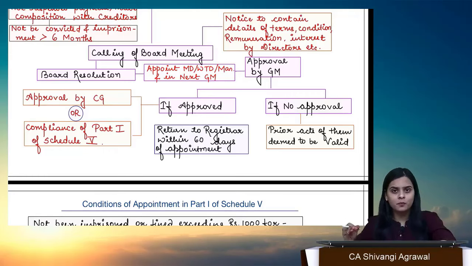If a person is working in the professional capacity, then he can be paid remuneration according to Item A. That clearly means that in case the company doesn't have adequate profits, they are suffering from losses, then they can pay remuneration to their directors who are working in professional capacity.